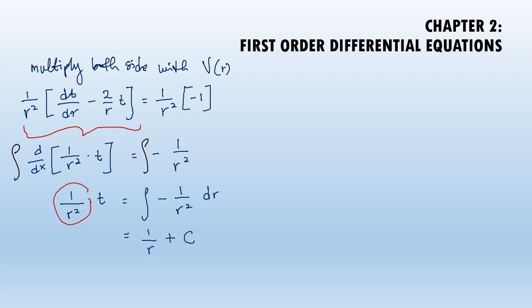Next, we bring 1 over r squared to the right, and we leave t as r squared times 1 over r plus c. So we're going to have r plus r squared c.